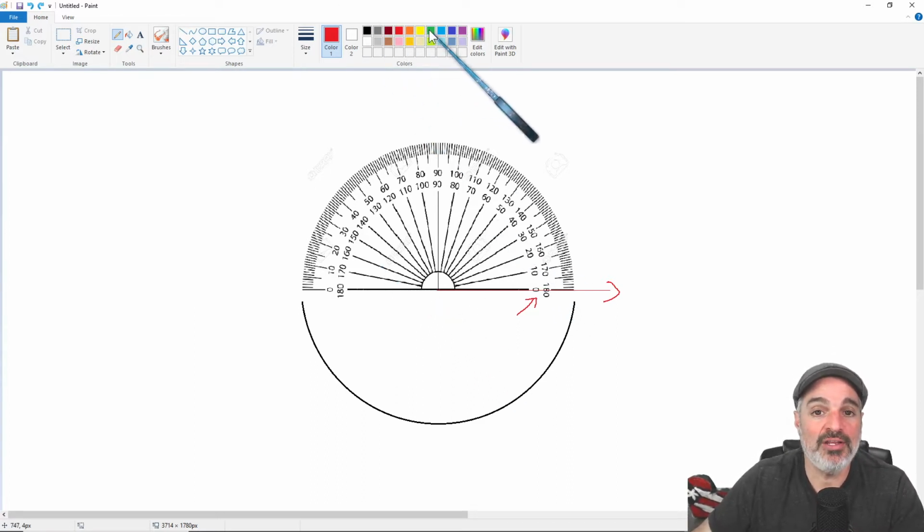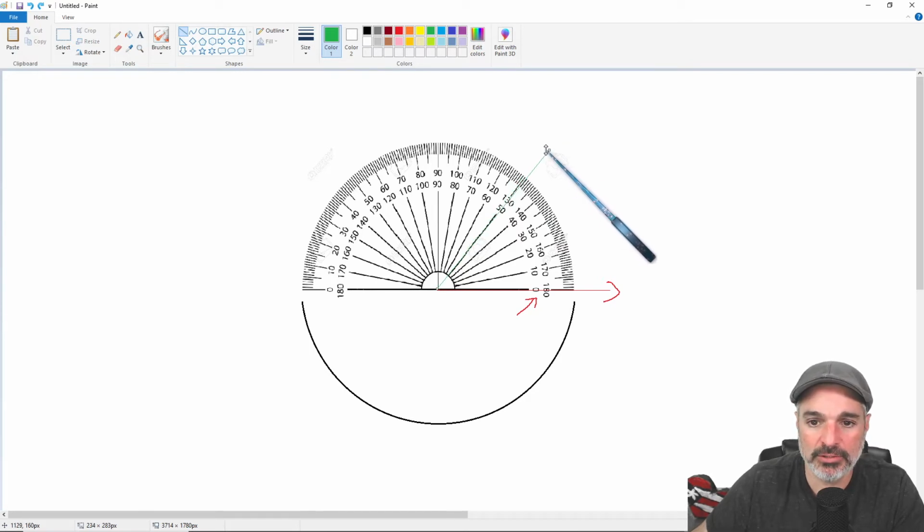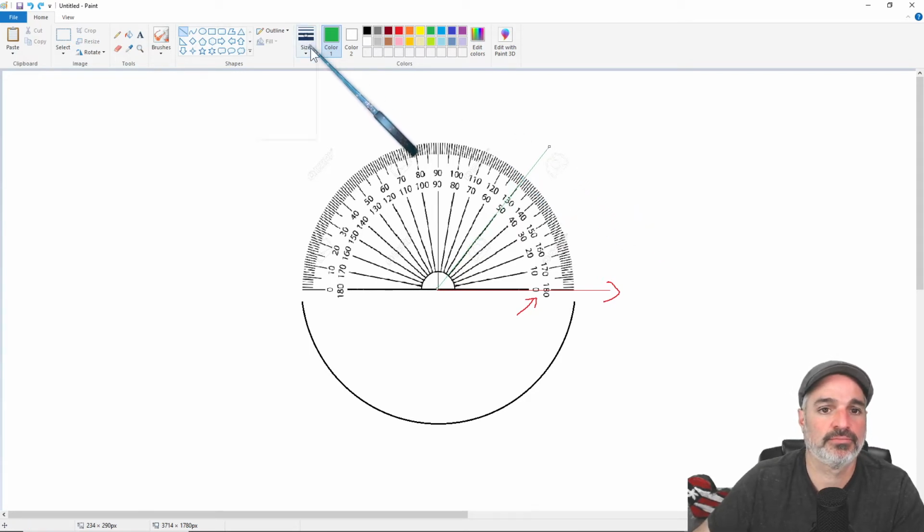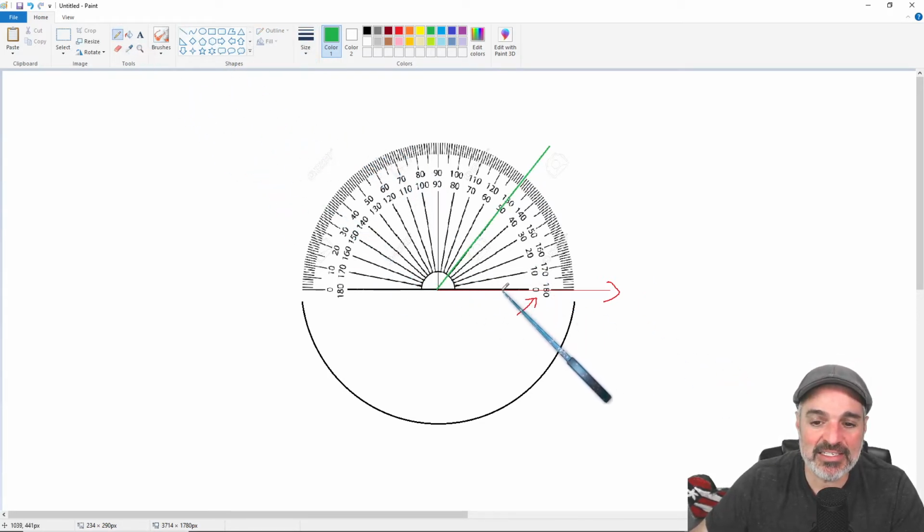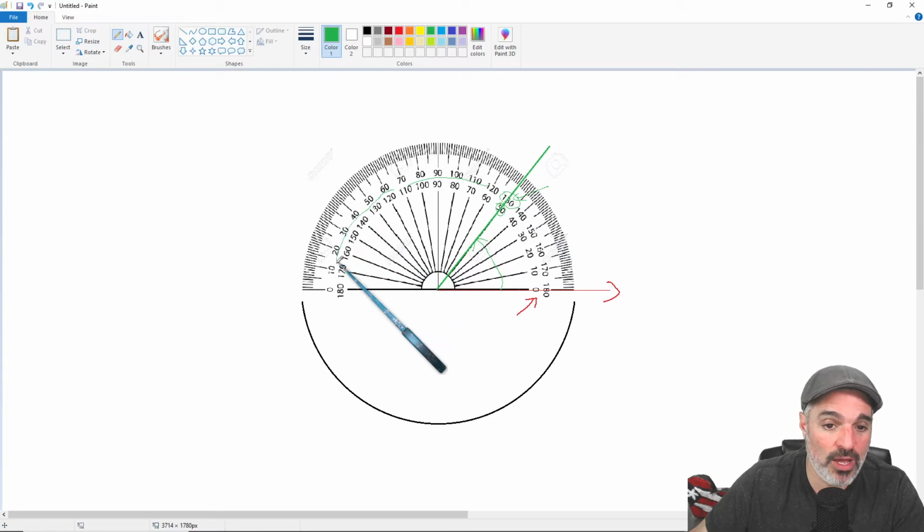If we draw another ray, and I'm going to draw another ray in green now, that goes from the same center, from the same vertex, to here. You can see that the distance between this line and this line is 50 degrees, not 130 like it says here, because that 130 is from way back here.